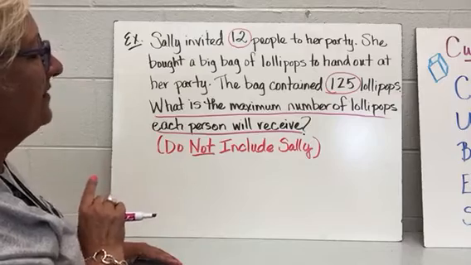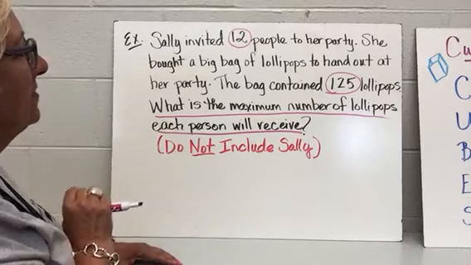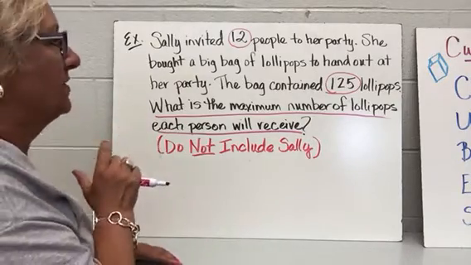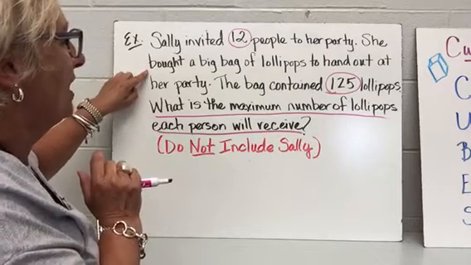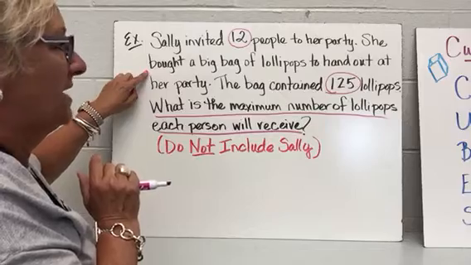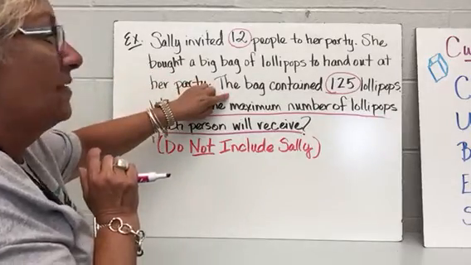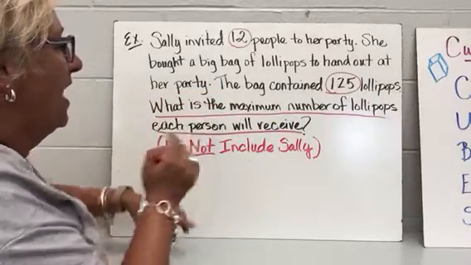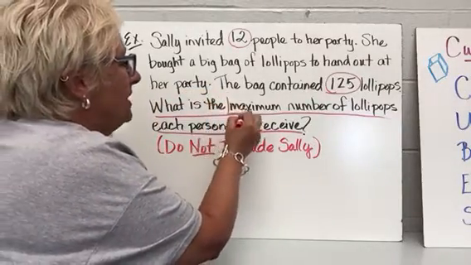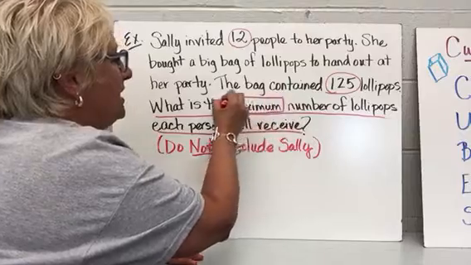Let's go back and see if we can't box in some math action words that we can recognize here. She invited 12 to her party. She bought a big bag of lollipops to hand out. That doesn't give us anything. The bag contained 125 lollipops. The maximum means how many can each person have?